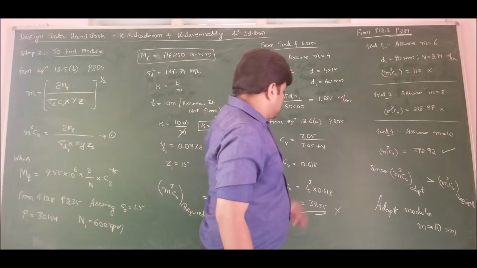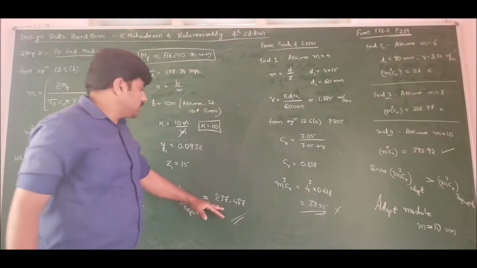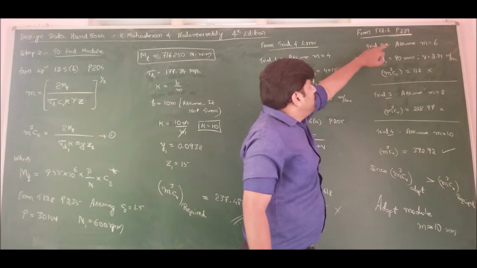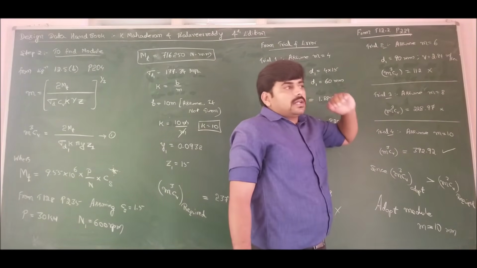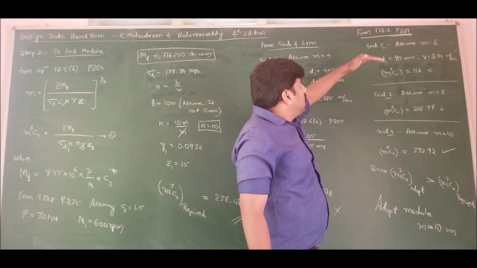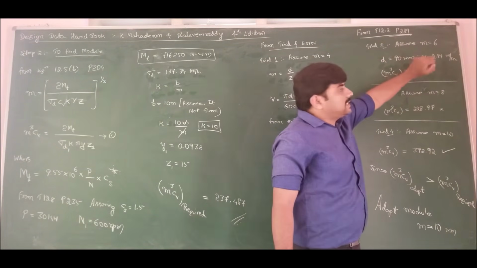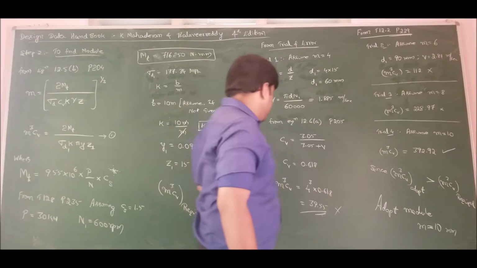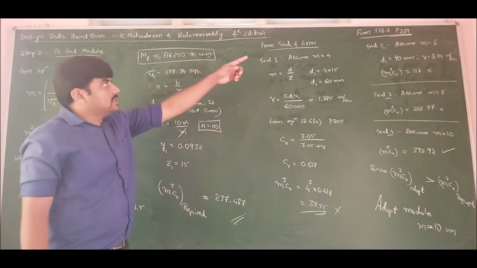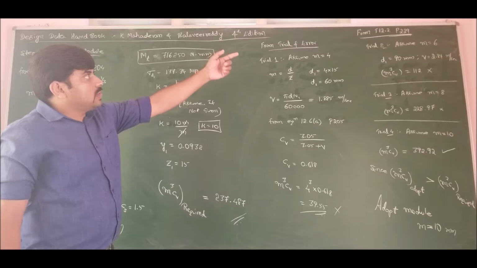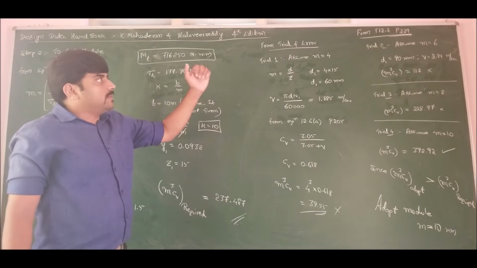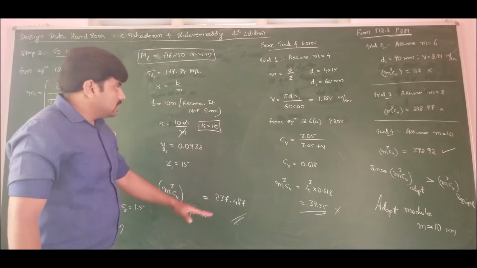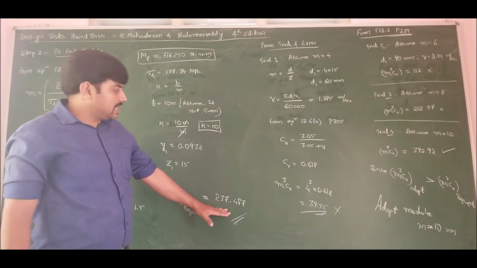Since in our trial one we failed to exceed the value of 237.487, referring to table 12.2, page number 229, preference 1, keep on choosing the module. I choose for trial 2 module as 6. I obtained m cube CV as 112, which is again less than the required value. Next, from table 12.2 under preference 1, we don't have module 7, so going for module 8, again the value I obtained is less than 237.